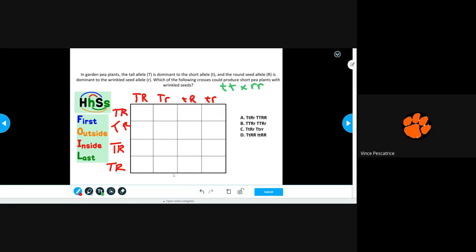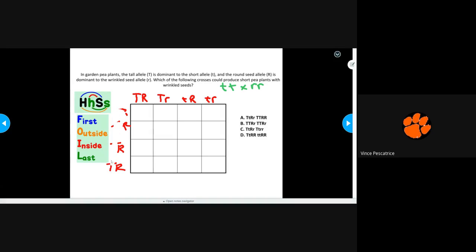All right, now what you would do is you would take one from this side. So you take the T from this side and the T from that side, and you put them in the box. So this first box would be, I'm actually going to, let me change these colors real quick.